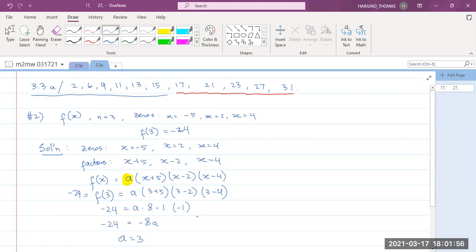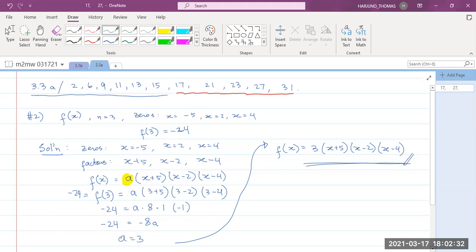Now then our function, therefore, f(x) equals 3 times x plus 5, x minus 2, x minus 4. Now, this is the polynomial in factored form. We already factored it. Now, suppose we want to write this in general form. Okay, I actually will accept this answer. If I ask you what's the function, then I will accept this answer.